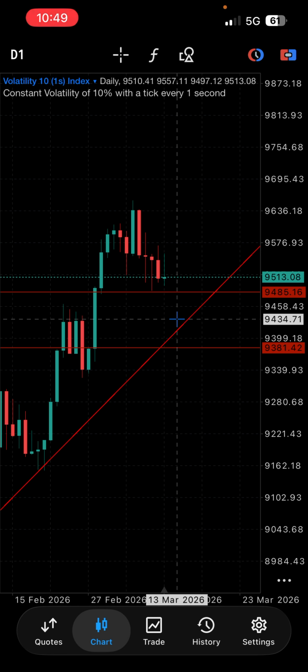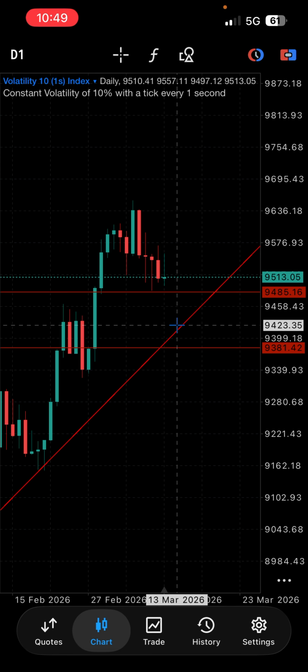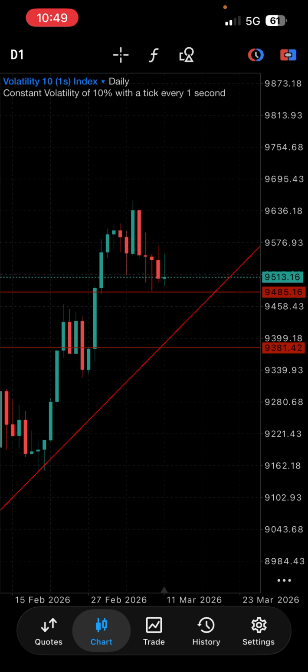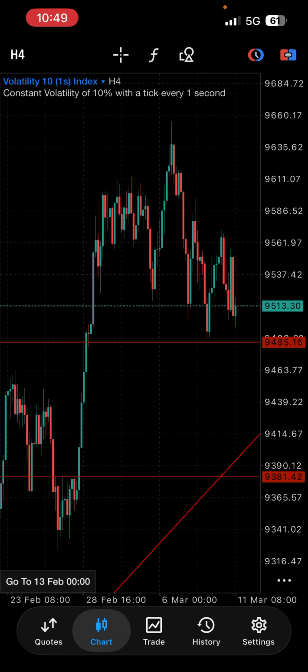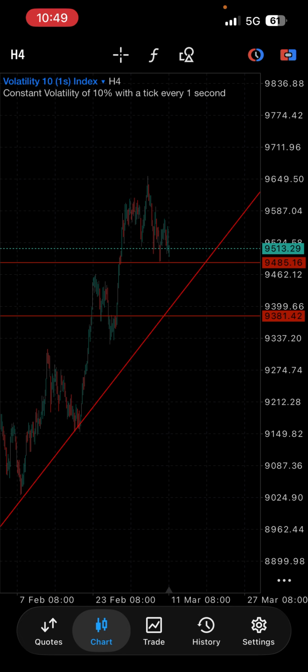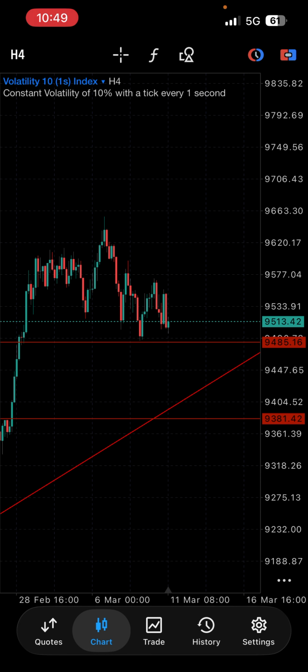It doesn't mean that when the price just gets there, you just place a buy. No, when the price gets to this middle, you will now be looking out for chart pattern on a lower time frame. You can go to a time frame like 15 minutes, 30 minutes, whatever. But for early entry, it's good to look out for 5 minutes change of character.